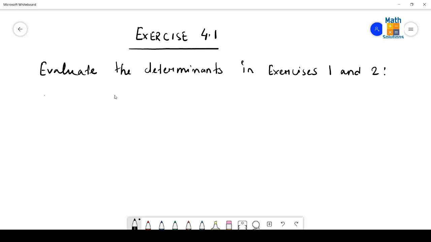So here is question number 1. We have the determinant 2, 4, minus 5, minus 1. Here is the first question.